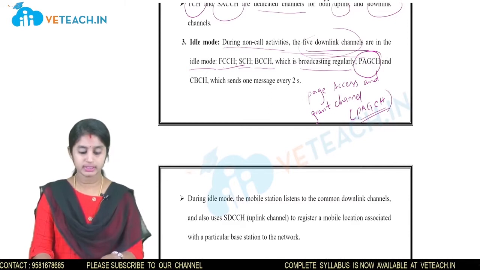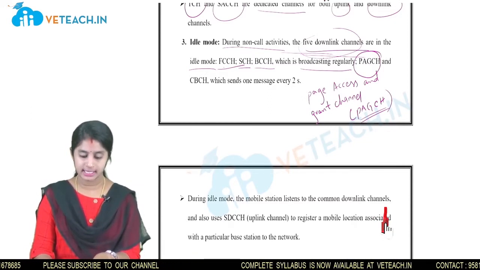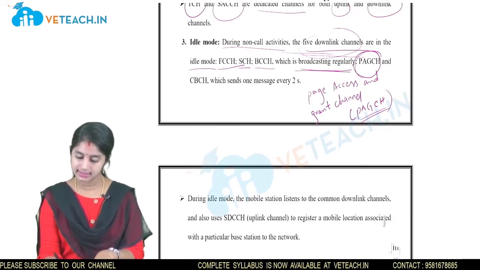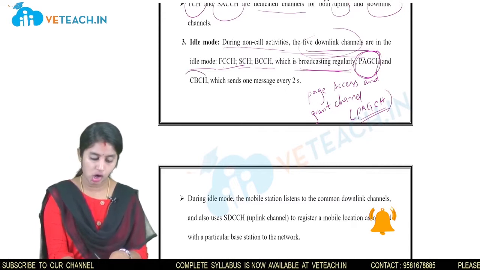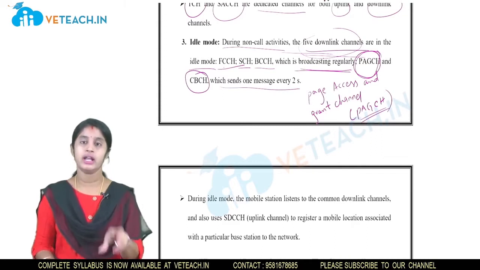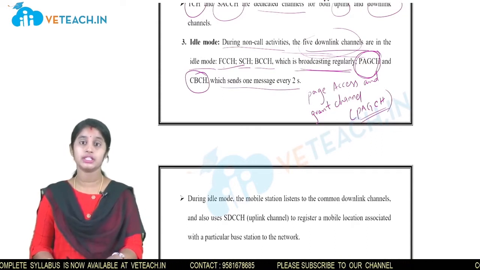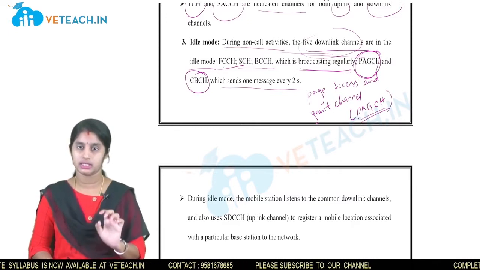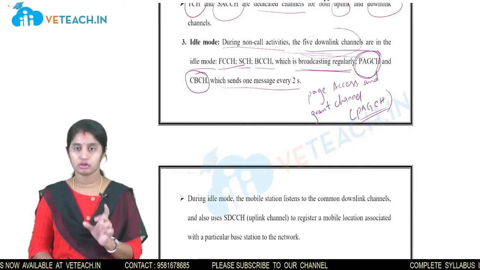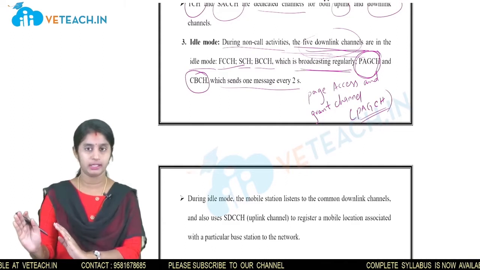Now, by using these channels, FCCH, SCH, BCCH, which is broadcasting regularly, the page access grant channel and the call broadcasting channel, which sends one message for every 2 seconds. So in order to maintain this idle mode, that means during the non-call conversation, whenever the channel is available for establishment of a call, then the 5 downlink channels are in idle mode.